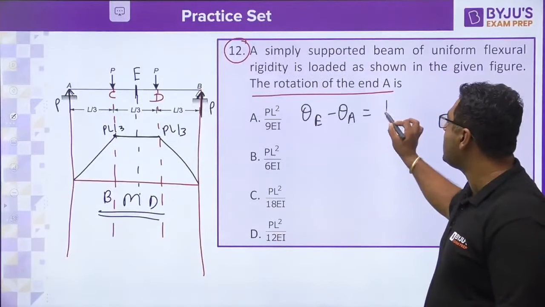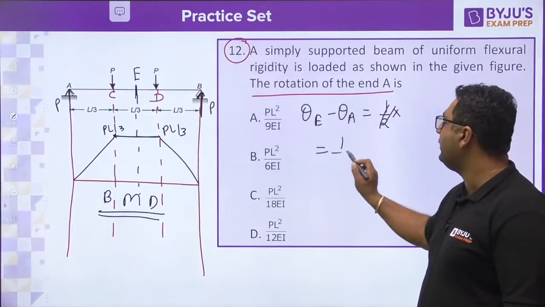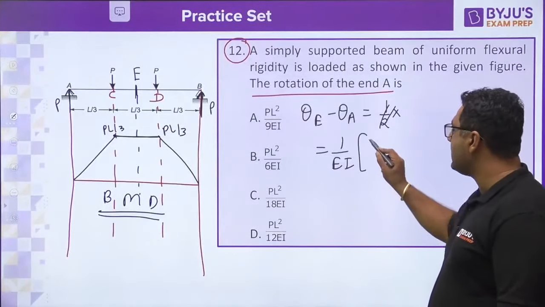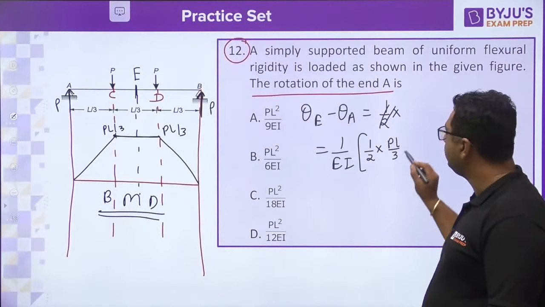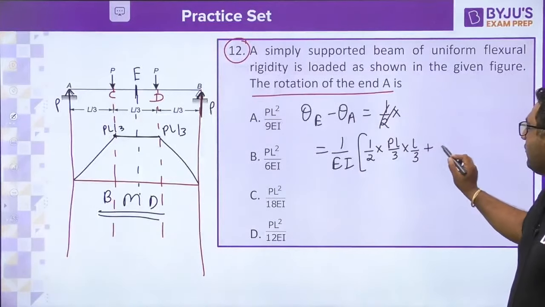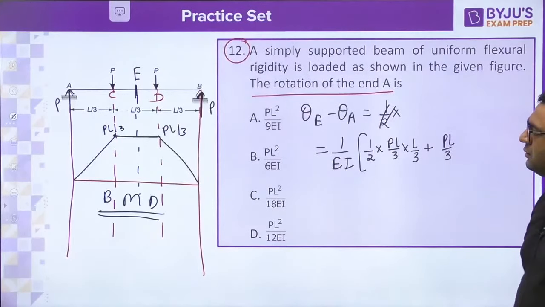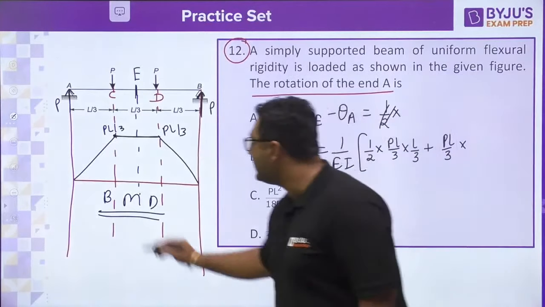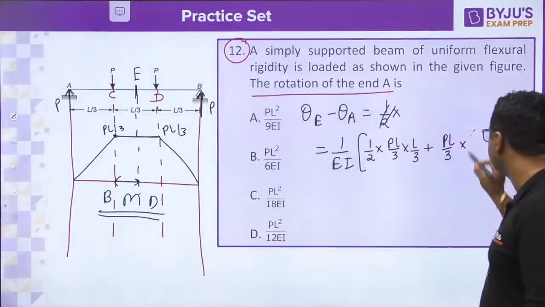First of all, take 1 upon EI outside. Area of triangle is half into PL by 3 into L by 3, plus area of rectangle is PL by 3 into this distance, which is L by 2 minus L by 3.